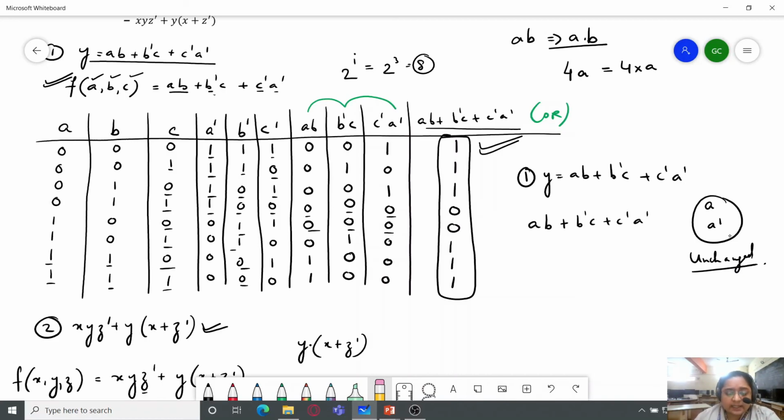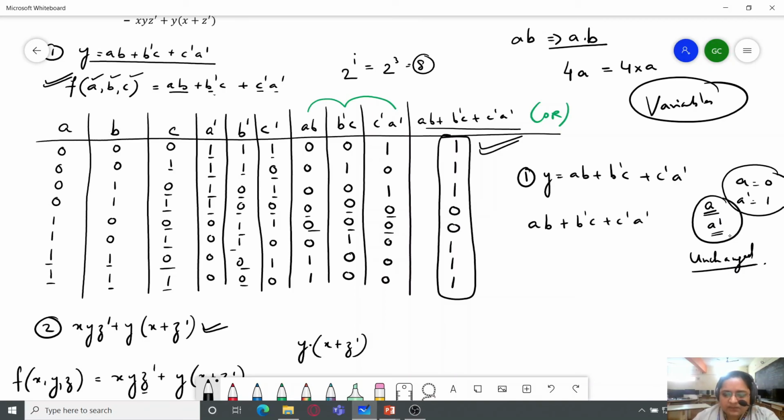And if there is any literal which you are using, that is any constant which is either 0 or 1, so 0 will be changed to 1 and 1 will be changed to 0. But these are variables whose values are unknown. Hence, we cannot change their values, because if A is 0, A dash should be 1, and if A is 1, A dash should be 0, which entirely changes the values of these variables.